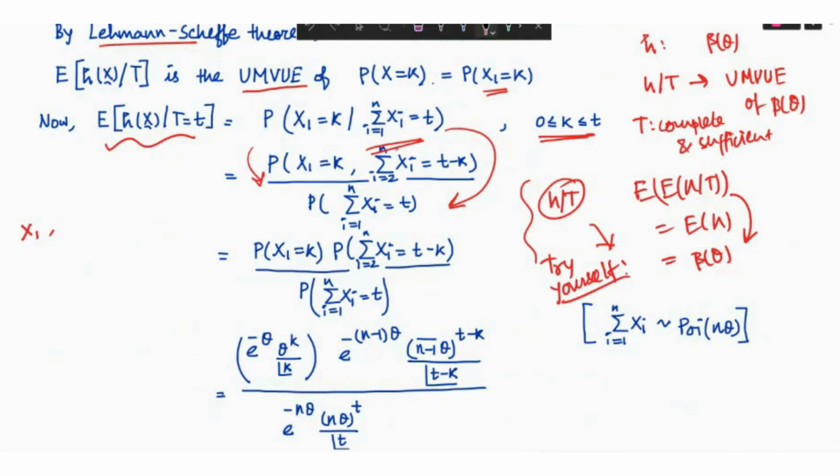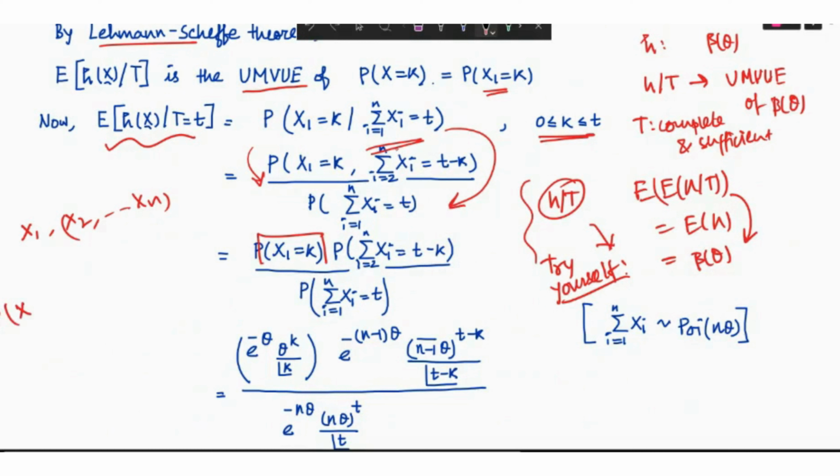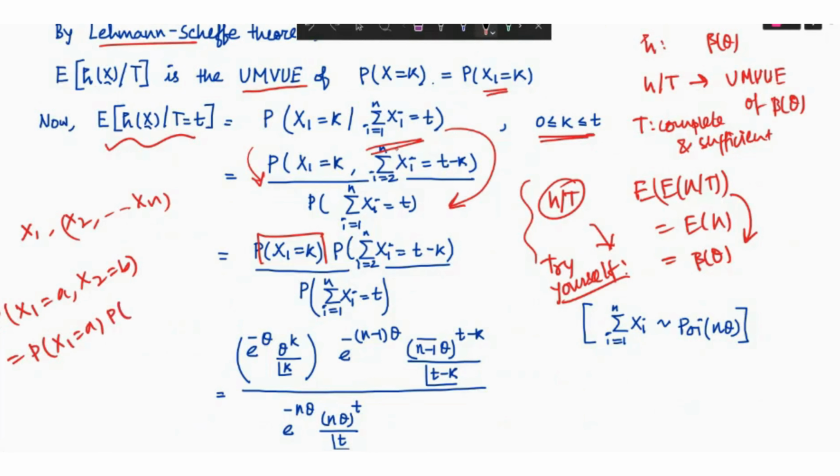Now X1 and X2 up to Xn are independent, hence we can multiply the probabilities here, because probability of X1 equal to a, X2 equal to b equals probability of X1 equal to a into probability of X2 equal to b, for discrete random variables, if X1 and X2 are independent.